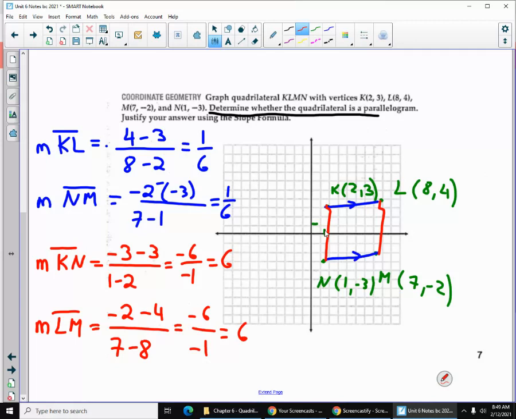So both slopes are the same, which technically means that the two red segments are parallel. So the question was, determine whether the quadrilateral is a parallelogram, and the answer is yes, because both pairs of opposite sides are parallel. So I used algebra to show that the opposite sides are parallel.